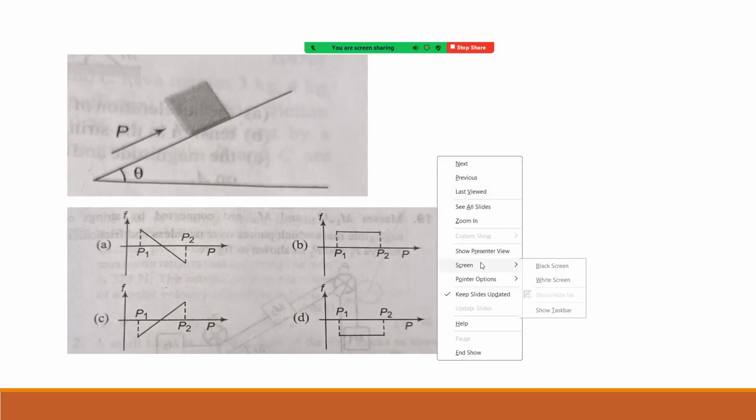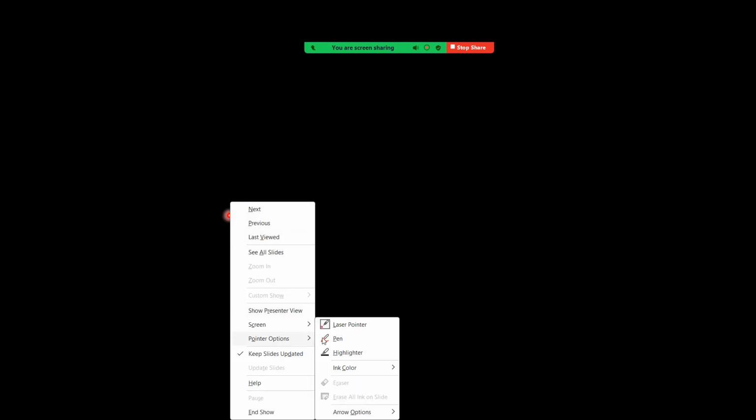So we have to focus very carefully on how we are going to solve this. First write down the range of the force.